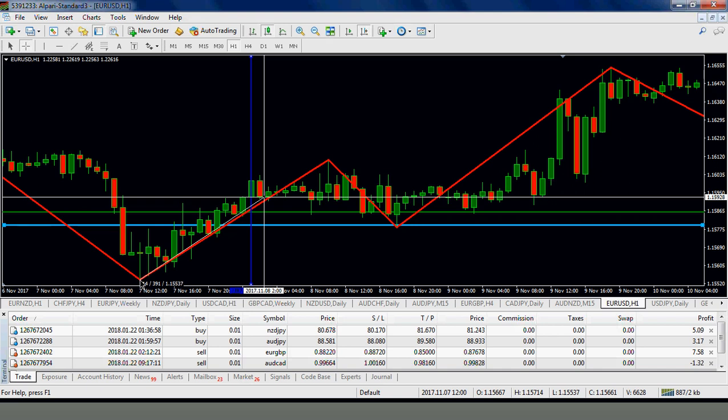And if you are risking 40 pips, you should be expecting a reward of 60 pips. Now the risk reward ratio for this system is 1 to 1.5 minimum. You can go for 1 to 1.2, but the minimum risk reward ratio is 1 to 1.5. It means that if I'm risking 40 pips, I'm expecting 60 pips.